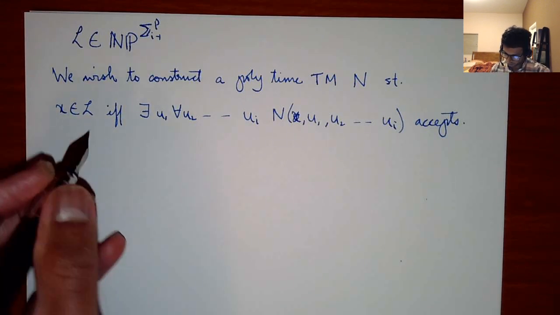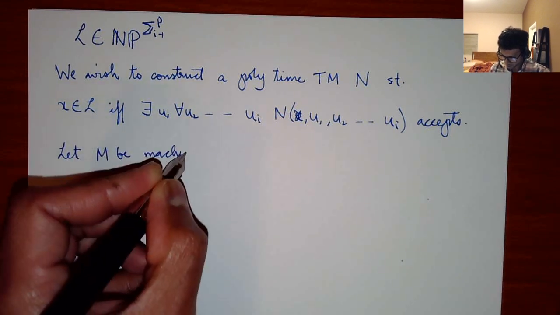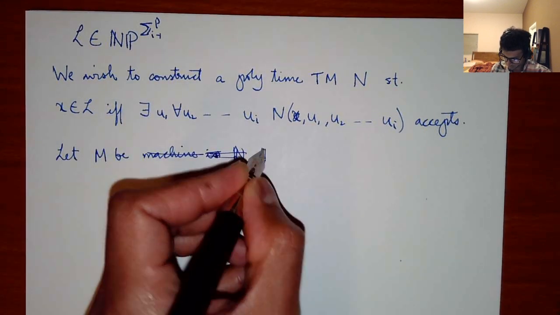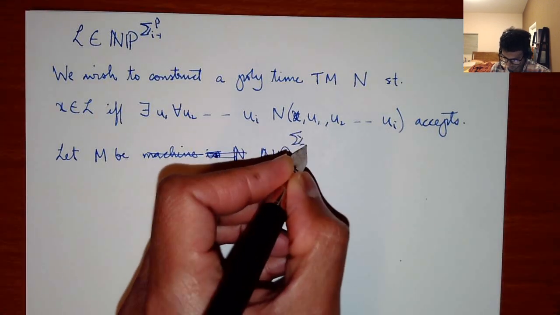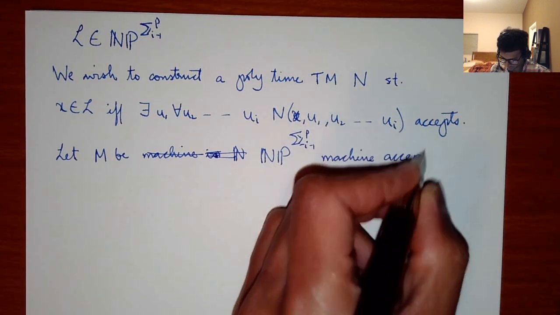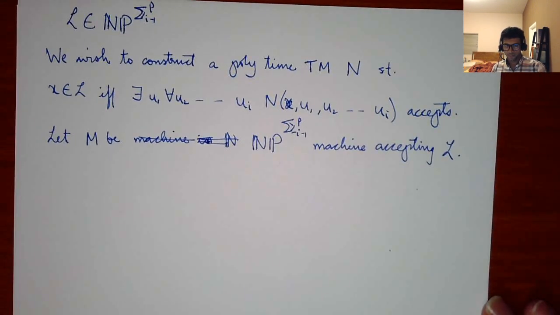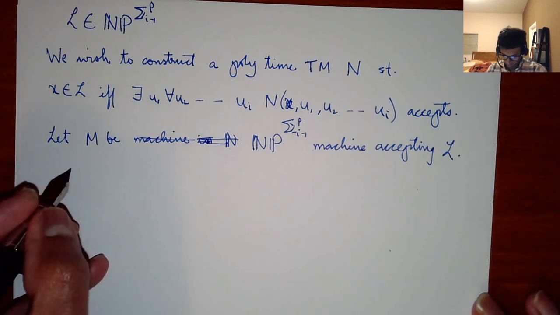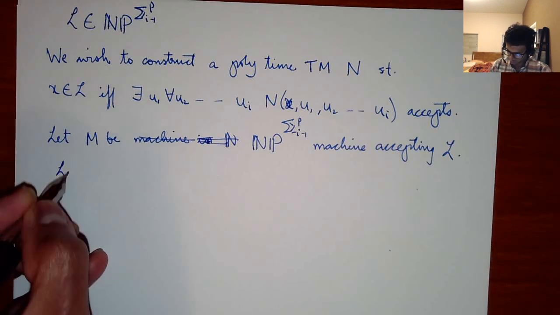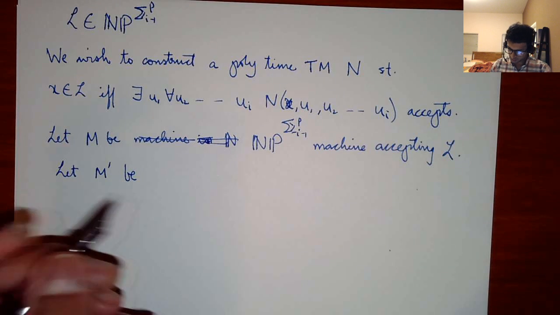So now let M be the NP to sigma I minus 1 machine accepting L. Okay, so what is going to happen is that we can write this as, let M prime be the, so that there is a non-determinism that we can kind of fold out.